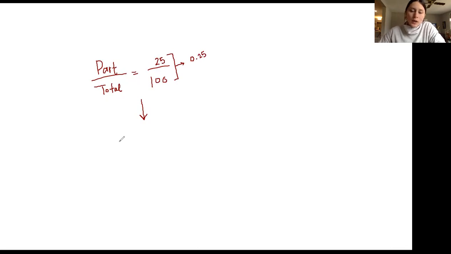So we are really just rearranging this equation to say that the part is always equal to the percent as a decimal times the total.